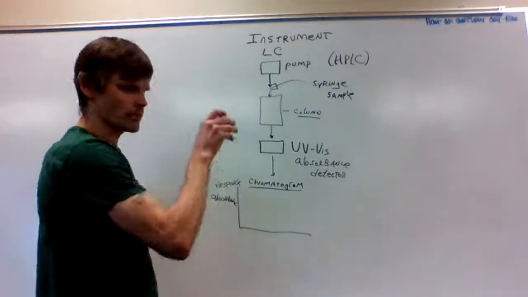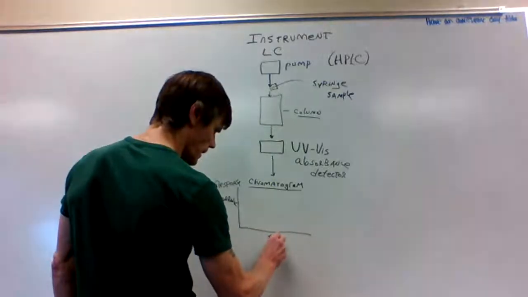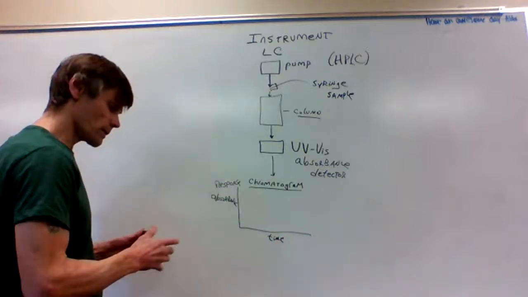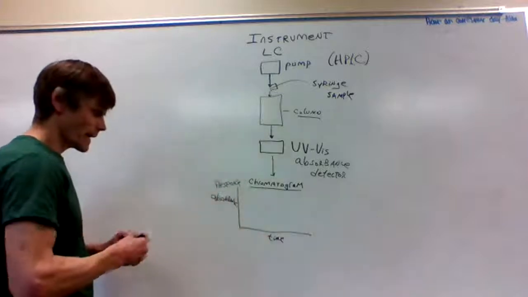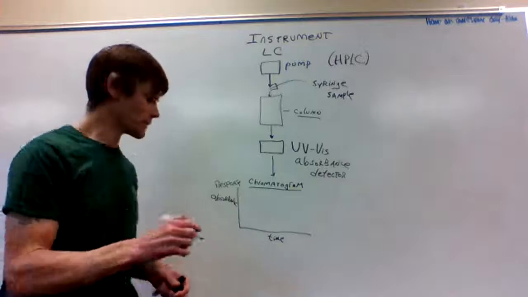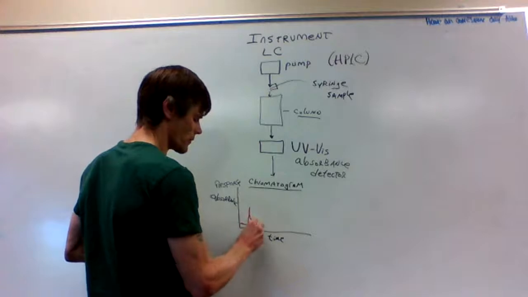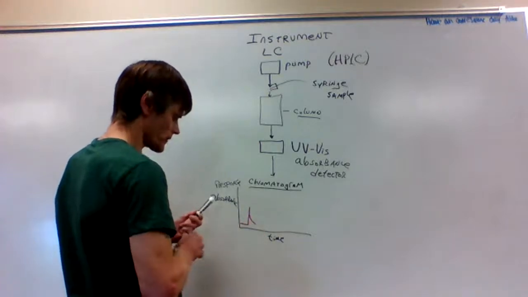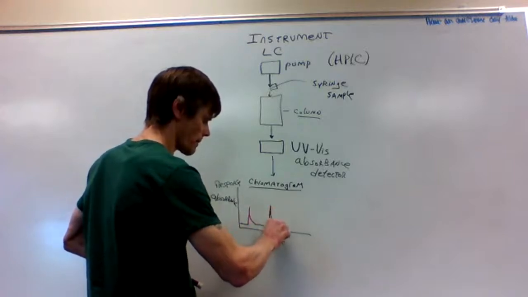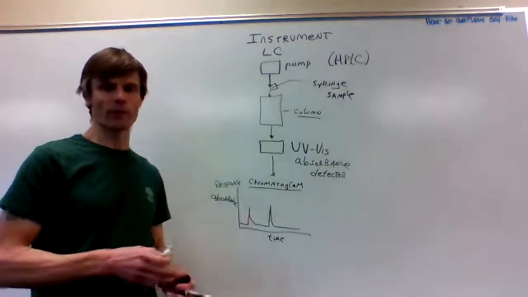And we'll get a peak of absorbance for each of our analytes based upon the time at which they elute. So as we had before, a species came off first. The earliest species would show up first on our chromatogram, and a second species will show up at a later time. And that's generally what a chromatogram looks like.